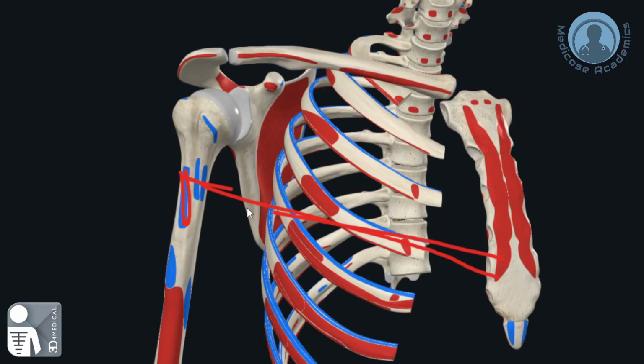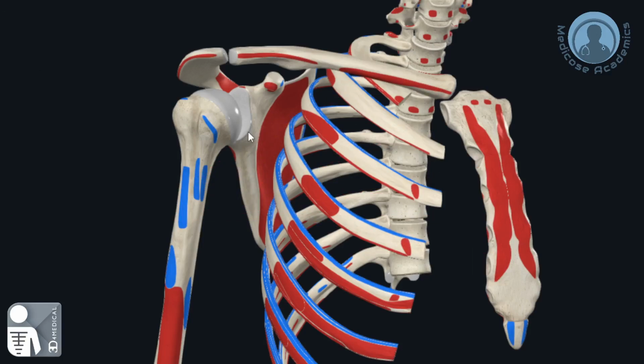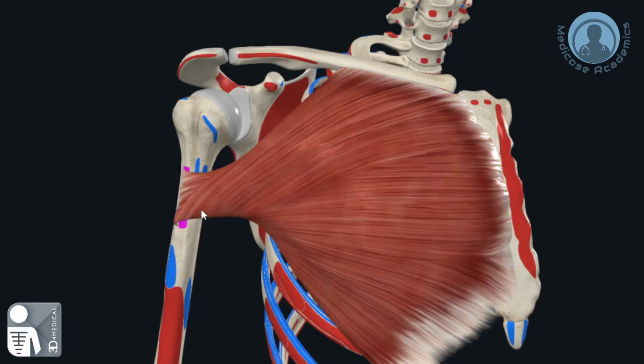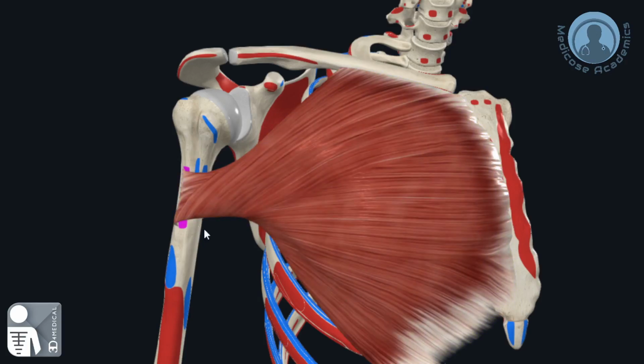As we continue going up, the next fibers get progressively inserted down, and then the next fibers start getting attached to the anterior lamina. So this arrangement leads to the spiraling nature of the pectoralis major insertion, as shown right here.